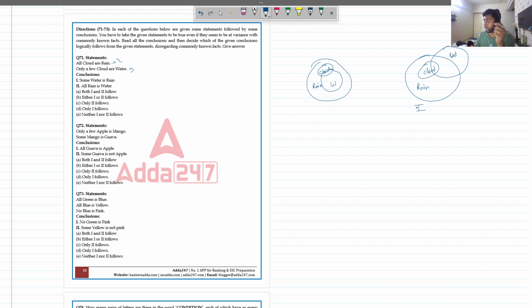So I am writing just 1 to indicate that only for this case conclusion number 1 is true. Let's see conclusion number 2. All rain is water. It is not true for both the cases. In neither case is conclusion number 2 correct.